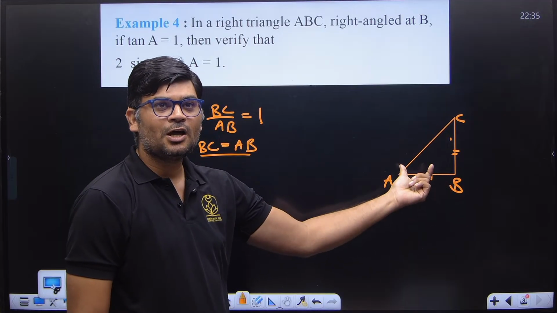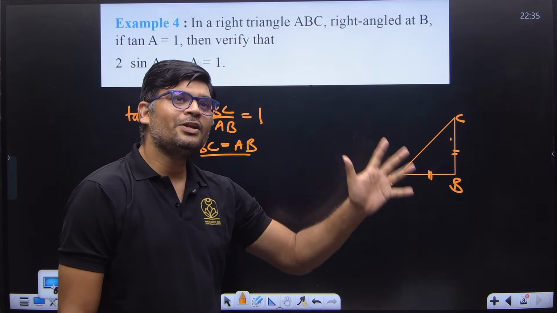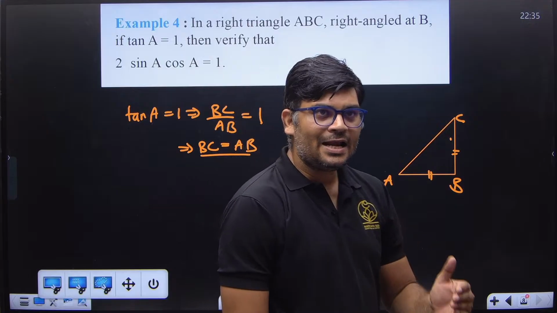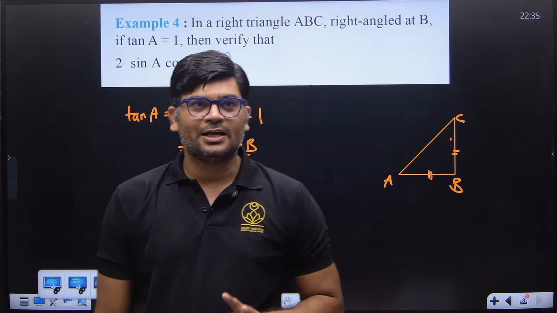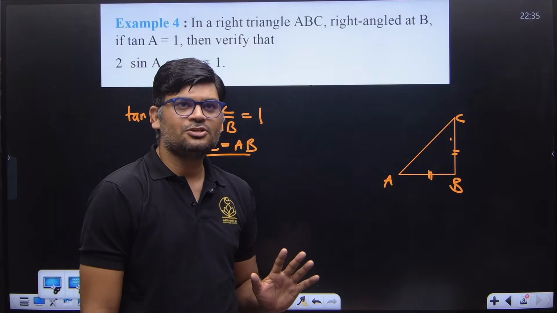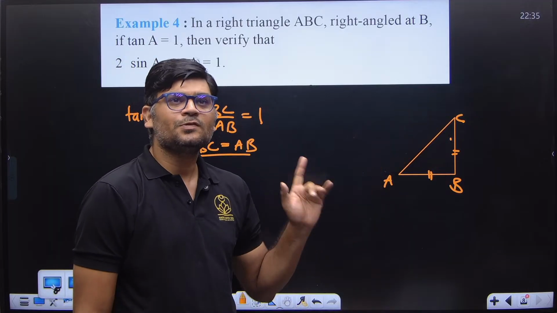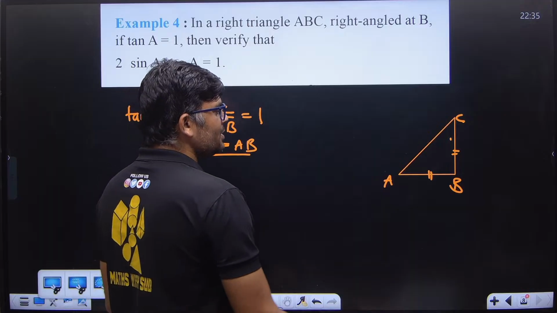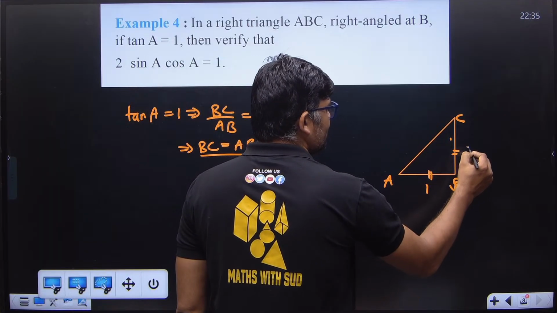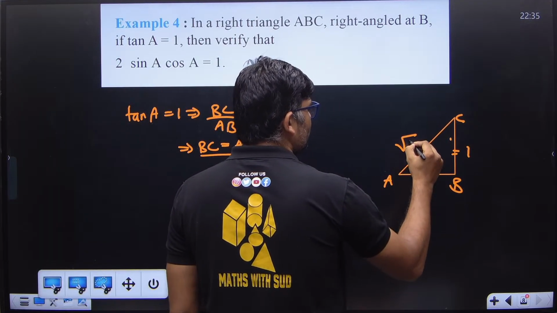So it has become an isosceles triangle. Whenever you see that tan of any angle is 1, you have to immediately understand that the triangle is an isosceles triangle with both angles as 45 degrees. So let us say if this is 1, this is 1, so this will be square root of 2.